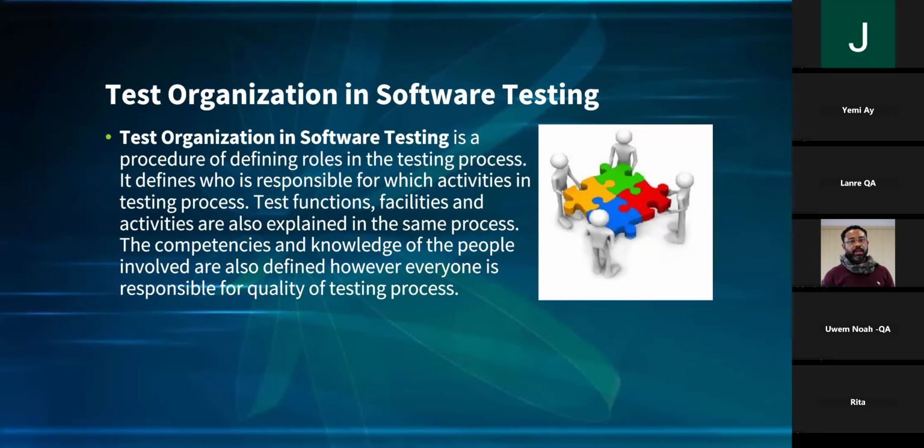The competencies and knowledge of the people involved are also defined. However, everyone is responsible for the quality of the testing process. If the project works as expected, it's not one person, even if it's a test manager. It's all within the testing team. We are all aiming to achieve the same goal.